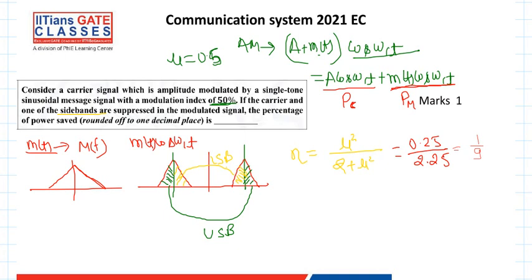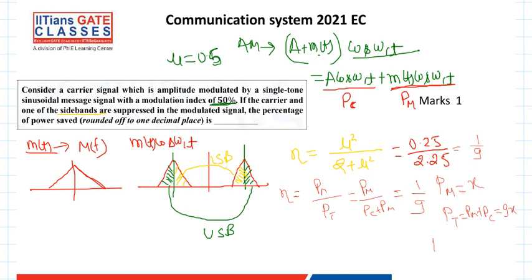Eta is also given as message power upon total power, or message power upon carrier power plus message power, which equals 1 by 9. Now if the message power PM is x, then the total power PT, which is PM plus PC, will be 9x. From this, the carrier power will be 8x. So the message power is x and the carrier power is 8x.